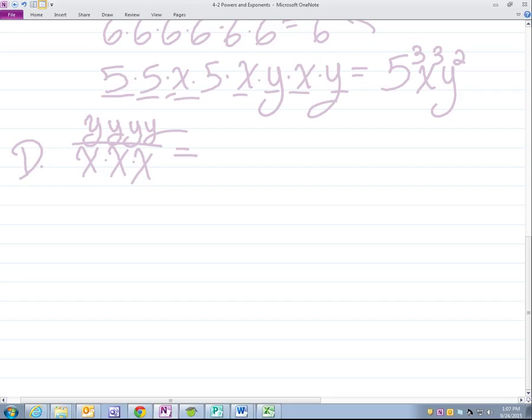That is not cubed because there's 4 of them, so that would be to the 4th. Okay, I'm going to give you one more chance, and then I'm going to tell you what I'm looking for. What about this?